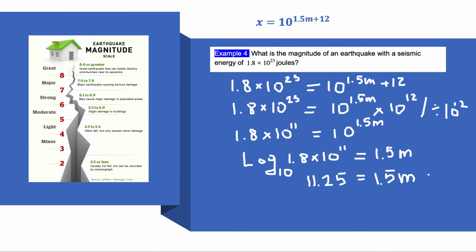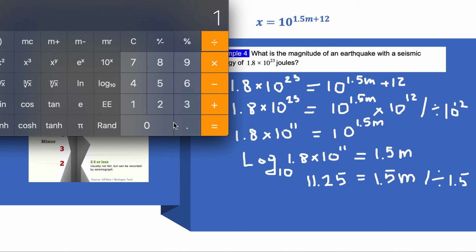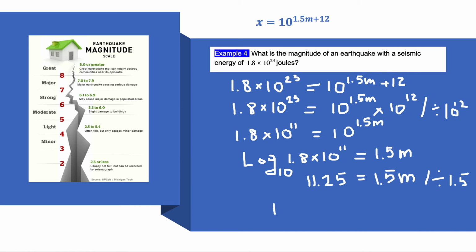I divide both sides of the equation by 1.5, and what I get is that the magnitude M is equal to 7.5 on the Richter scale.